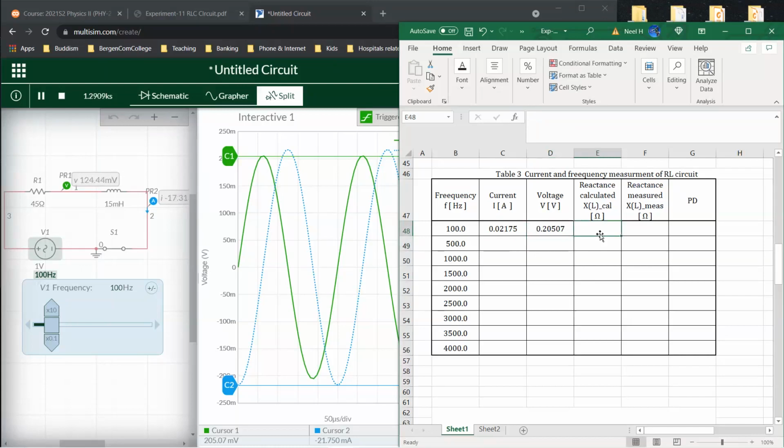And Excel calculated, which is by using the function, right? We know the function is 2 times pi, open and close bracket, times frequency times the inductance value of 15 milli, 0.015, right? That's a calculated value. If it is larger, make sure we change that into scientific notation. All of these also we can put into scientific notation since they are smaller values.